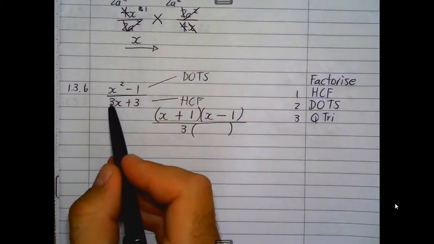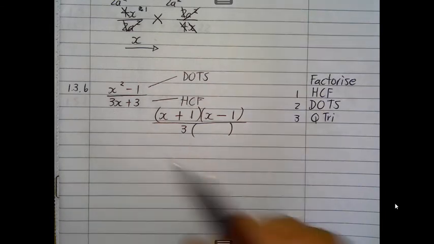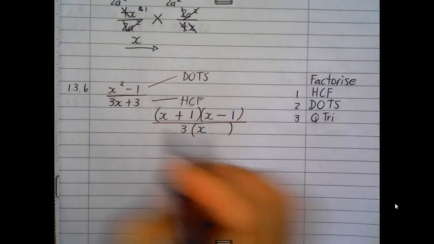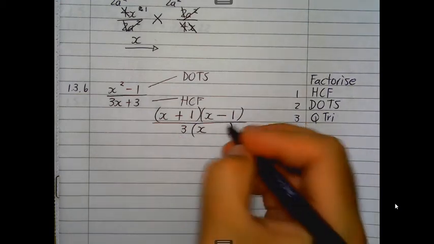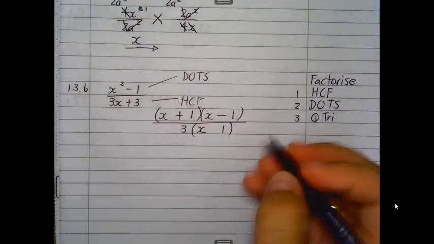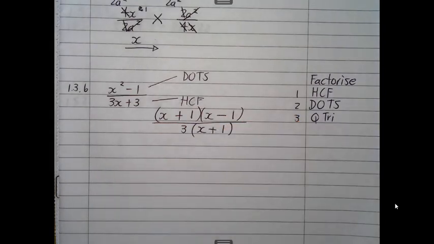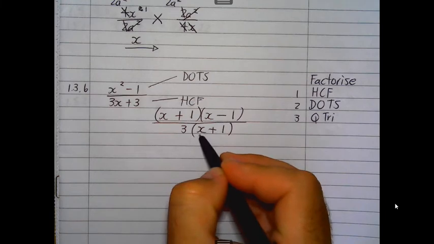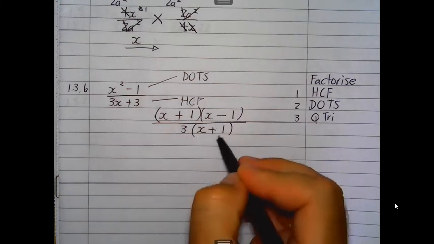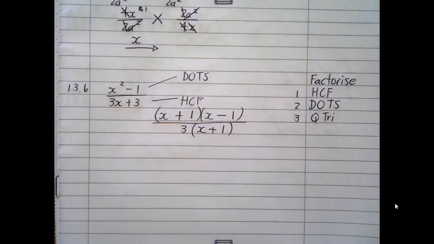If we've taken out a 3, what's left in 3x? The x. If we've taken out a 3 from the second part of the denominator, what is left? 1. And the sign is still a positive. Remember, if we had to multiply this back in, we would get 3 times x is 3x, and 3 times 1 is 3. So we've successfully HCF'd correctly.